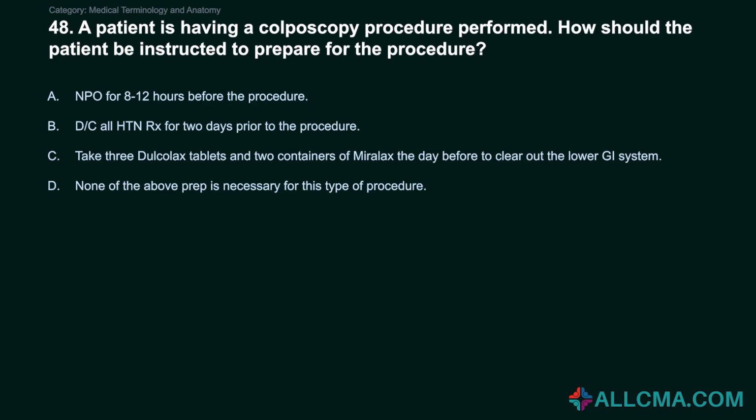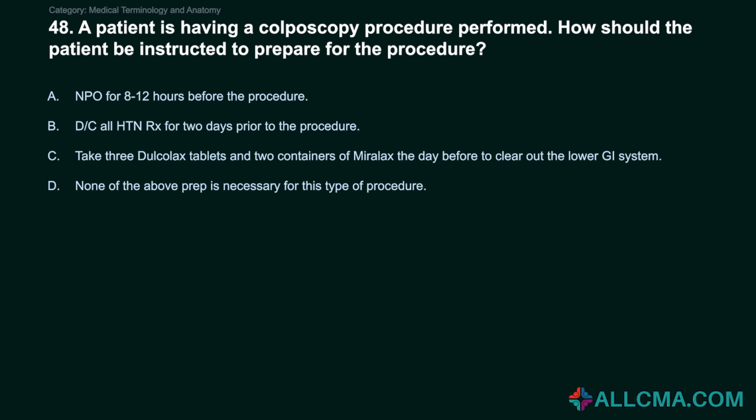48. A patient is having a colposcopy procedure performed. How should the patient be instructed to prepare for the procedure? A. NPO for 8 to 12 hours before the procedure. B. D/C all HTN Rx for 2 days prior to the procedure. C. Take 3 Dulcolax tablets and 2 containers of Miralax the day before to clear out the lower GI system.